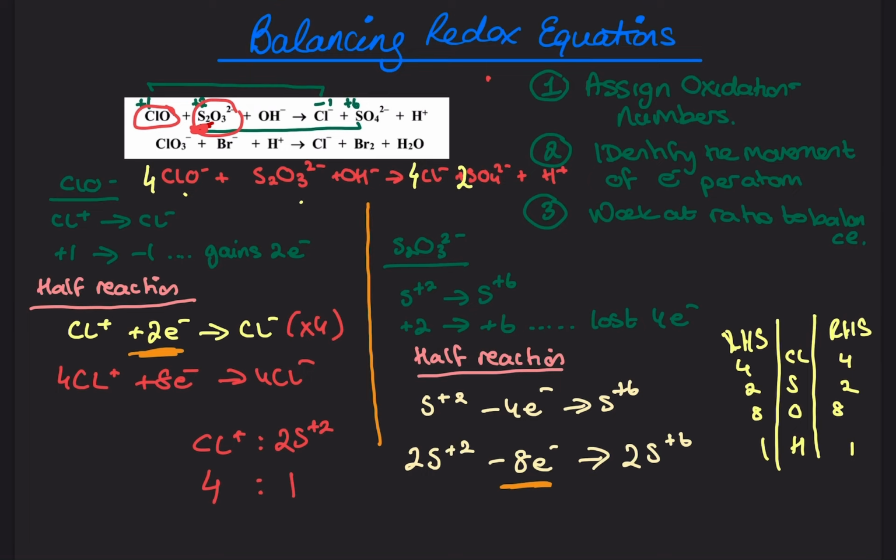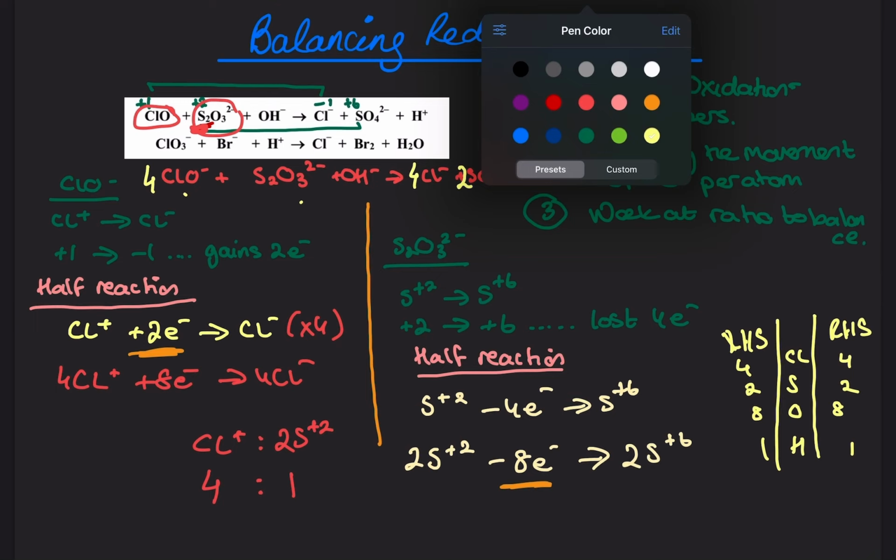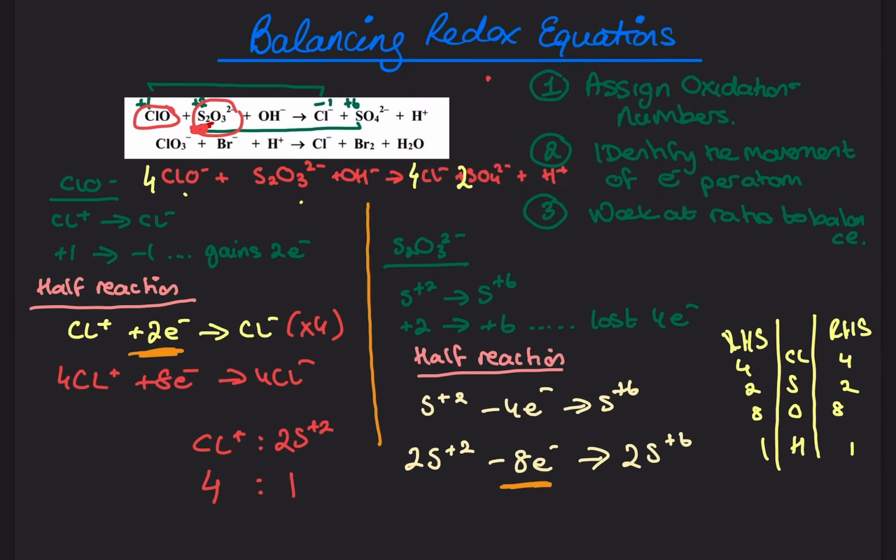Okay, so if you can see now, looking back up here, we've kept the ratio. For each one of these, I have 4 moles. So you can write this ratio if you wish, rather than having them as the ions on their own.